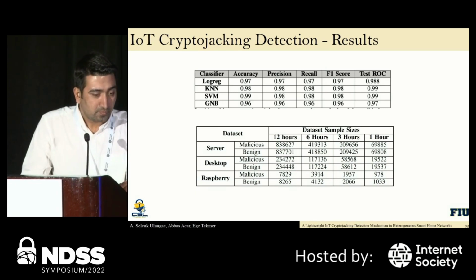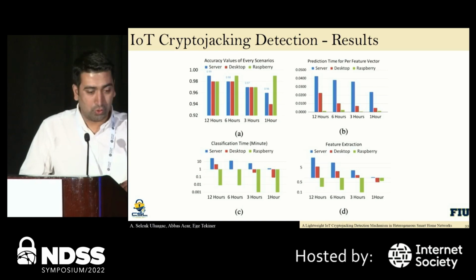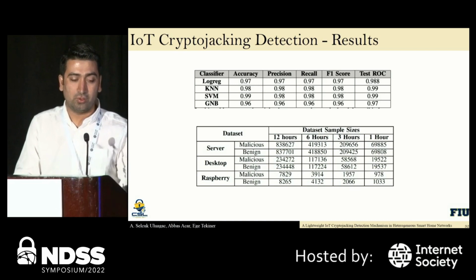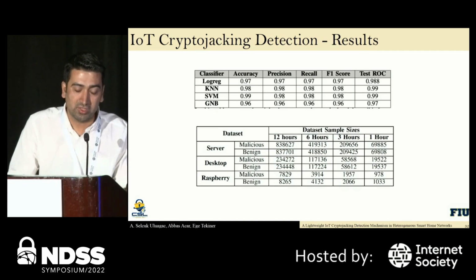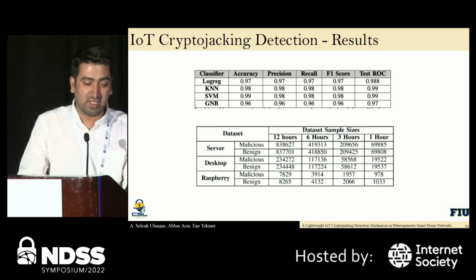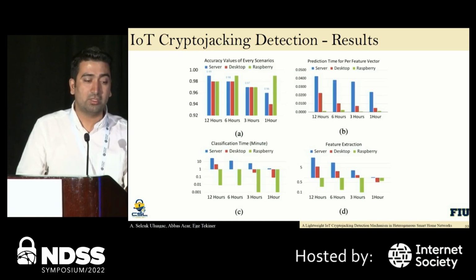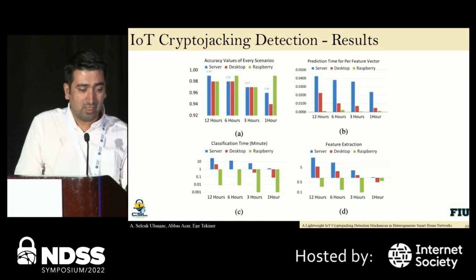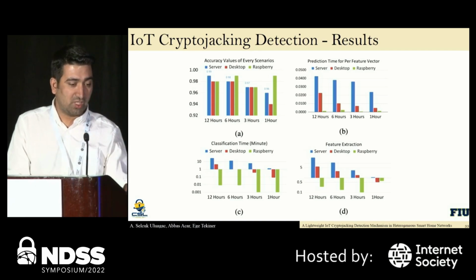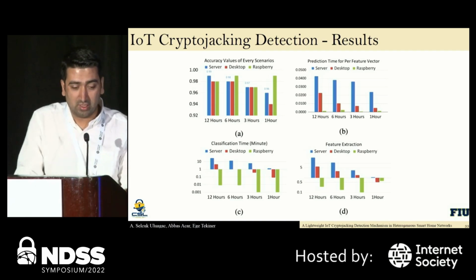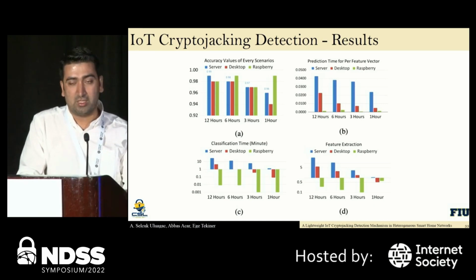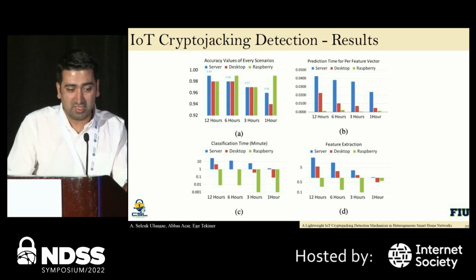As you can see here, we split the data into 12 hours, 6 hours, 3 hours, and 1 hour training sizes. And here are the results for those new training sizes. Some of the observations we can see, for example, is that the accuracy is decreasing once the training size is decreasing to the point of 0.96.